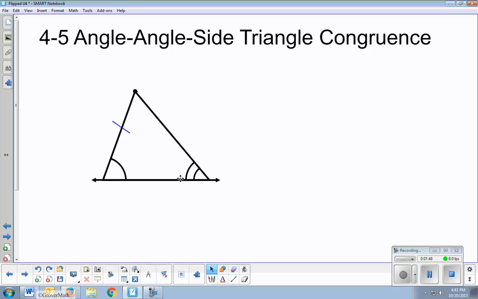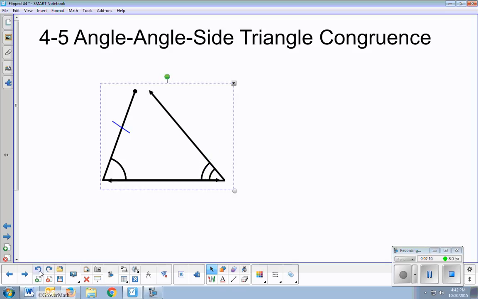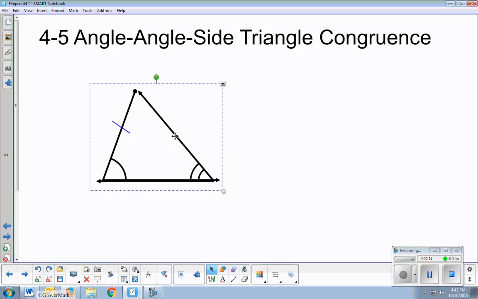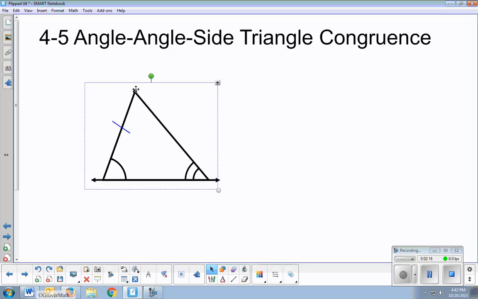There's no other option. So with these two, I can't have this side longer, because this side is a fixed length and this side won't meet there. I need this length to match up to that point.